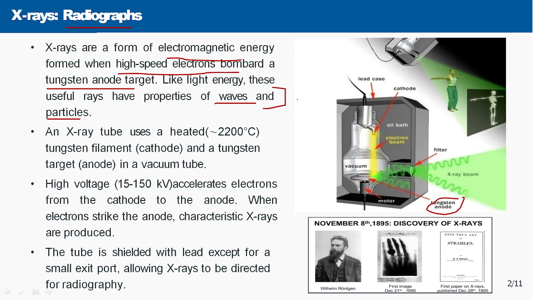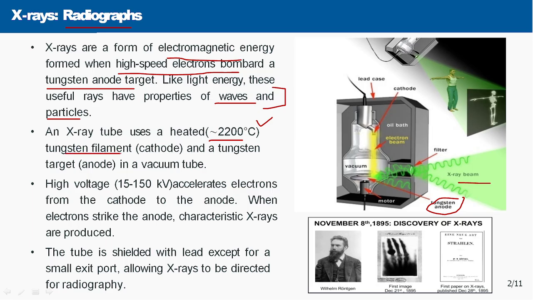In this X-ray machine, or X-ray tube, which generates the X-ray beam, the cathode is heated up to 2200 degrees Celsius.